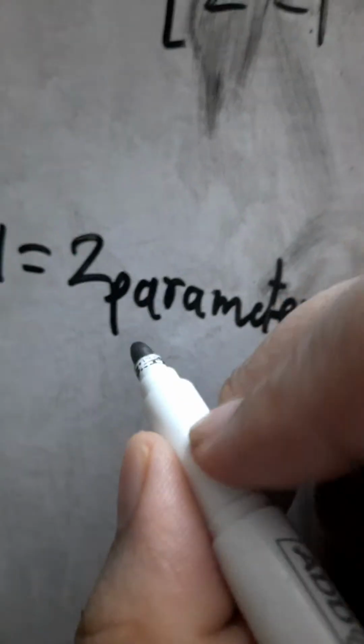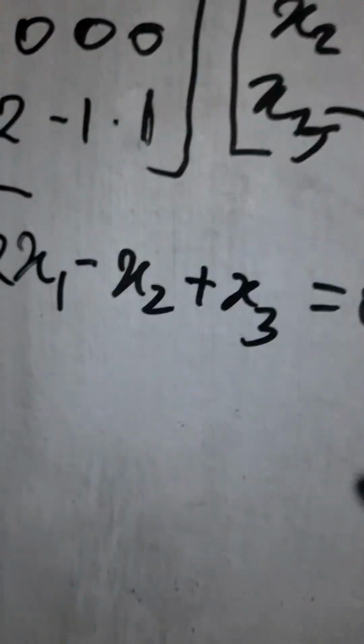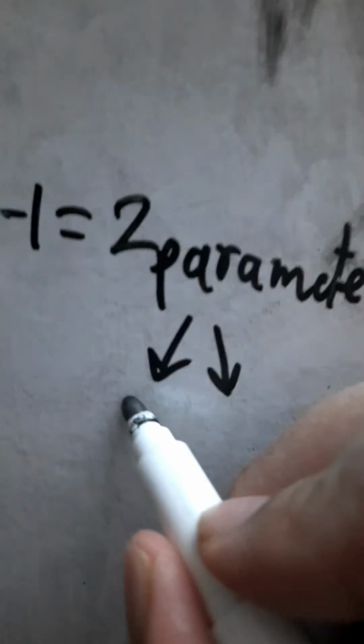So two parameters. Parameters are values that we assume, extra variables, and we are going to write these two parameters in relation to x and try to find the value. You will see how it is. Let's take them as S and T. Okay.